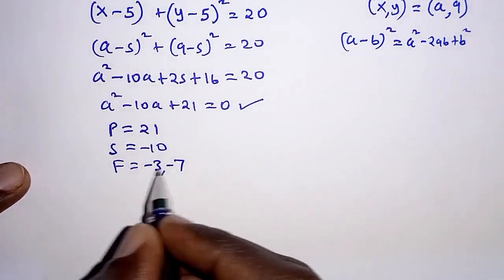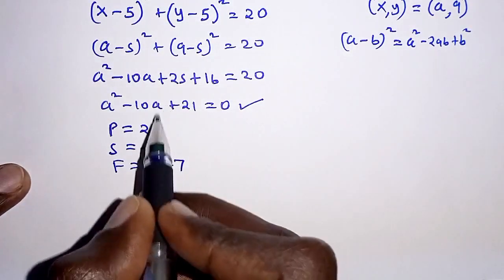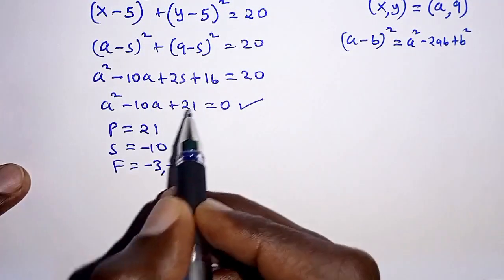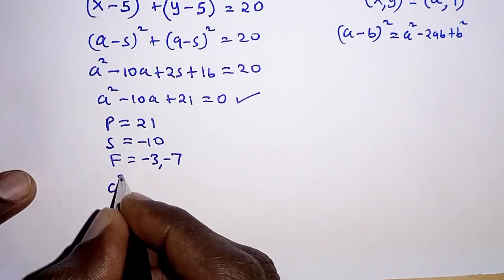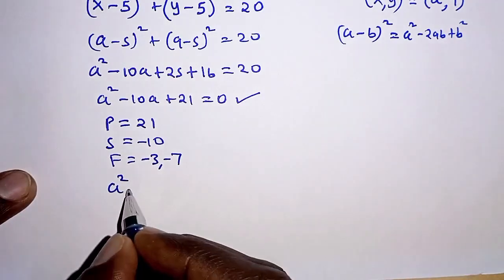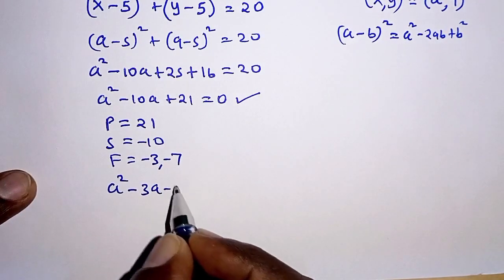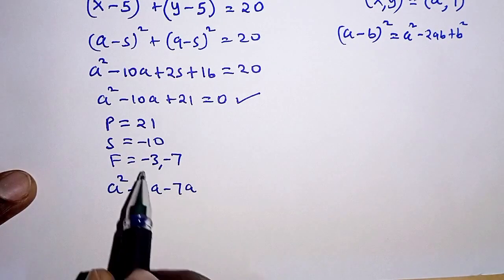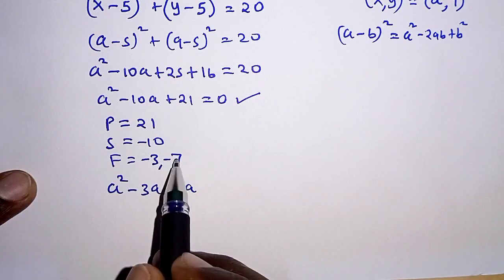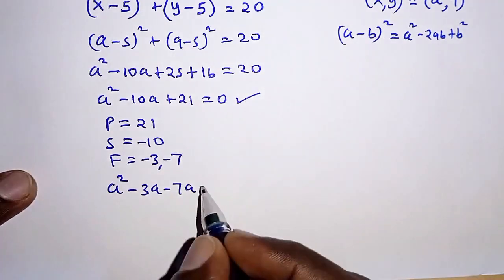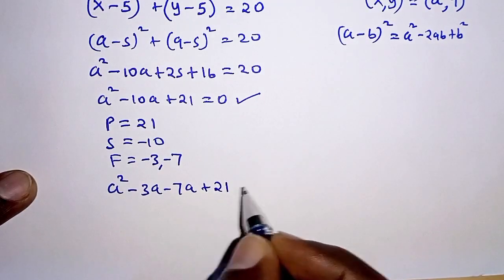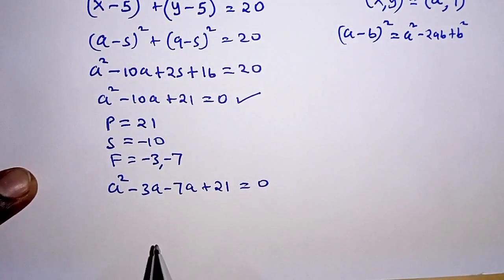Now we are going to use negative 3 and negative 7 to split the middle term of this equation. So we have a squared minus 3a minus 7a, where minus 3a and minus 7a have replaced negative 10a, and then plus 21 is equal to 0.